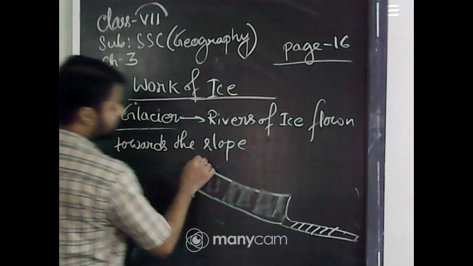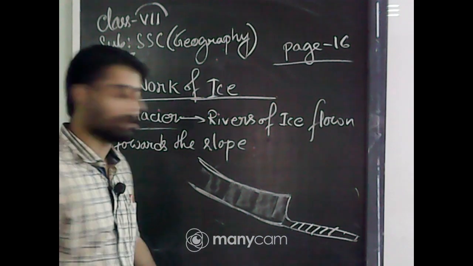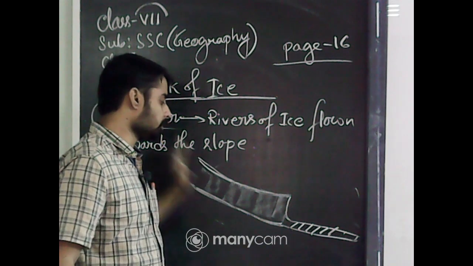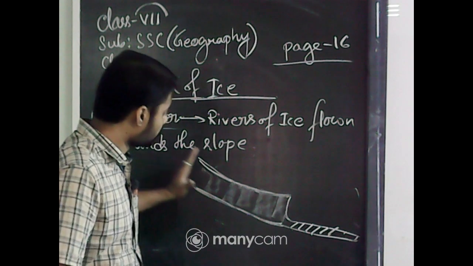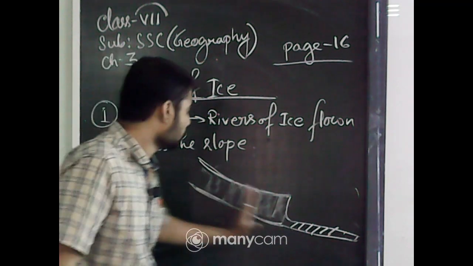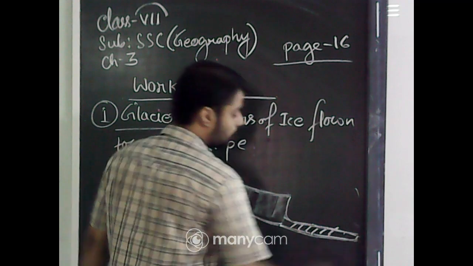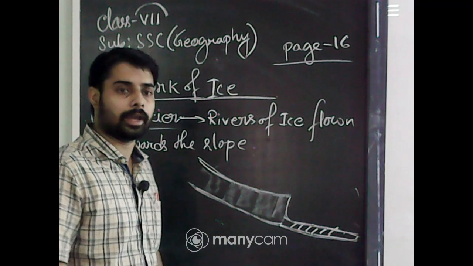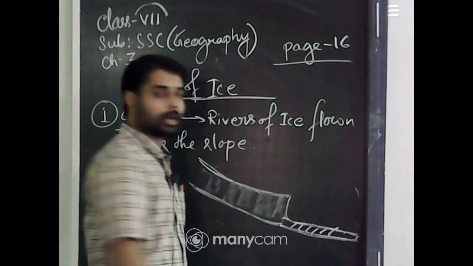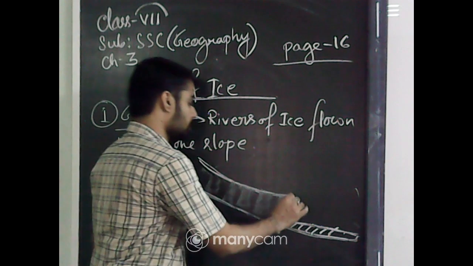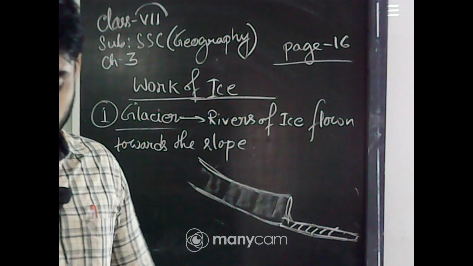When the ice stored at the top of the mountain ranges slowly flows towards the slope with huge force, it erodes, bulldozing all the upper, soft layer of the mountains. The Himalaya is a mountain made up of sedimentary rocks, so the uppermost sediments were already eroded by the glaciers. In this way glaciers bulldoze the uppermost layer and expose the solid rock below.